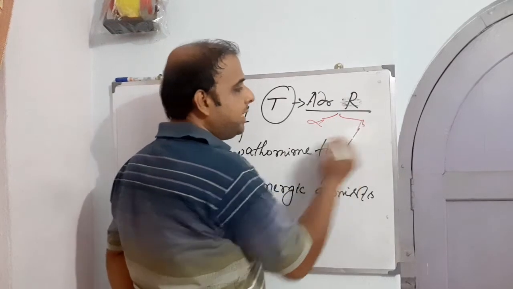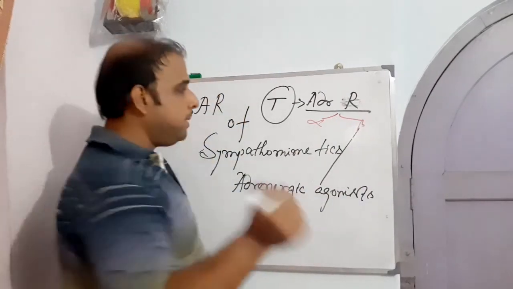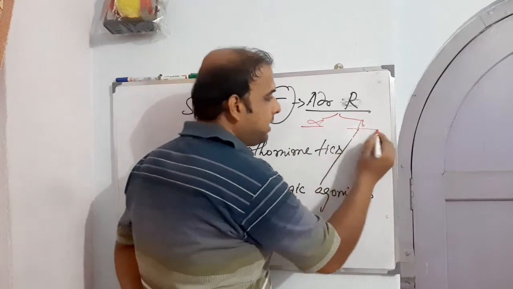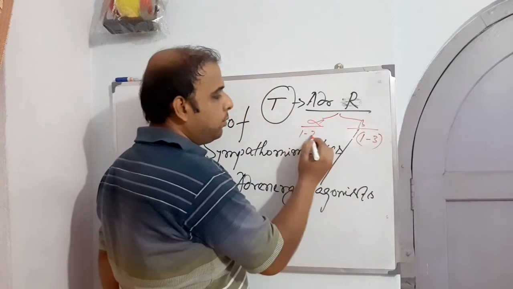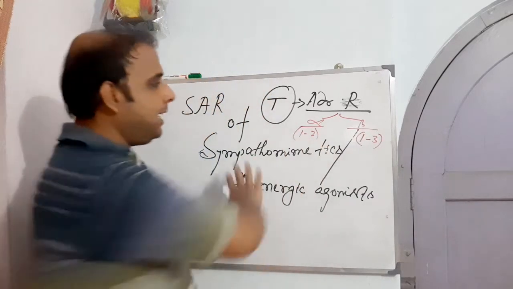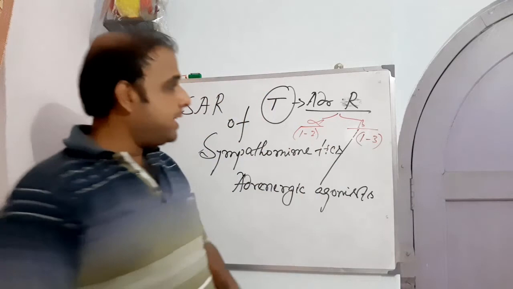If we try to figure out their types or classes, we all know that they are split into two different branches, alpha and beta. We have some sub-branches as well. For beta we have 1, 2, 3. For alpha we have 1 and 2. So these many splittings are there in the receptors, right?